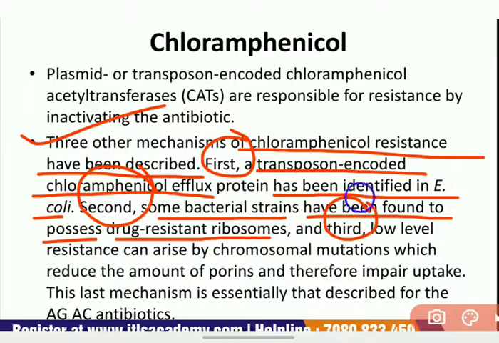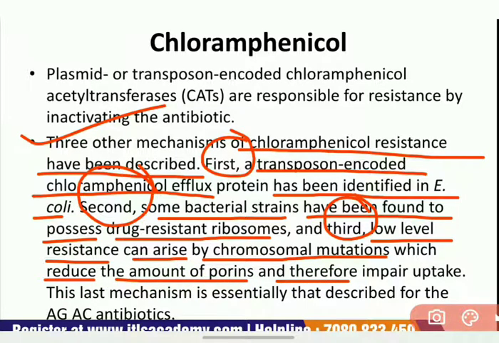And third, a low level of resistance can arise by chromosomal mutations which reduce the amount of porins and therefore impair uptake. This last mechanism is essentially that described for the AGAC antibiotics.